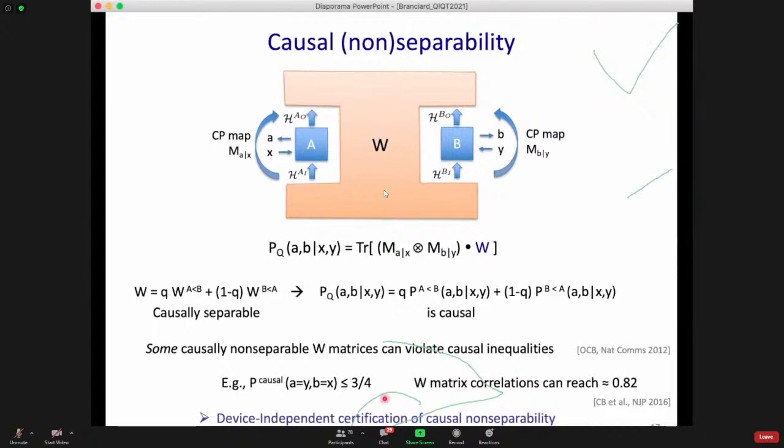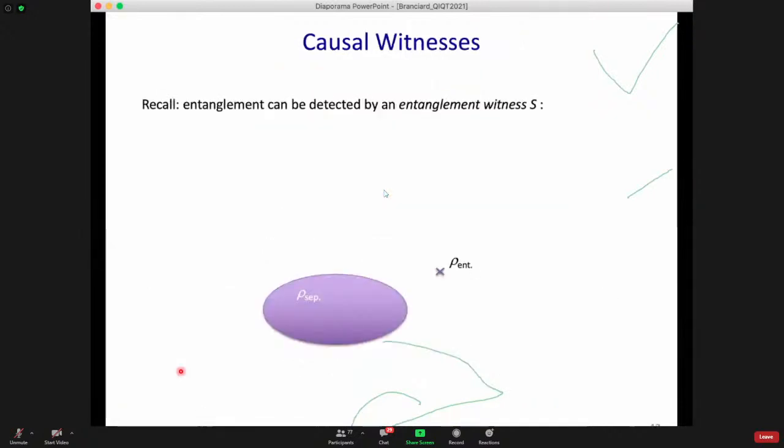So if you get a violation of this causal inequality, then you know in a device-independent way, because you're testing a causal inequality, that the process matrix was causally non-separable. It had no well-defined causal order. Let me just highlight that it's only some of those causally non-separable process matrices that can violate causal inequalities, and so we need some other tool.